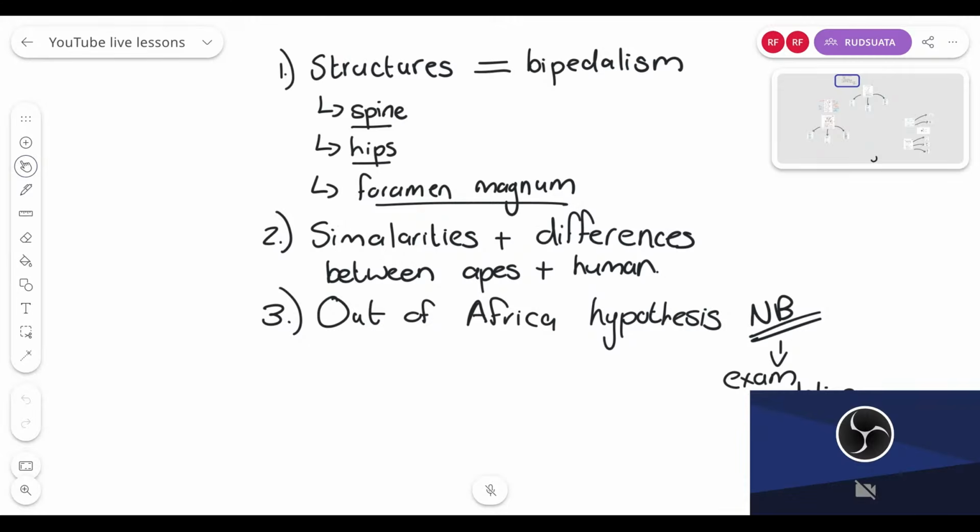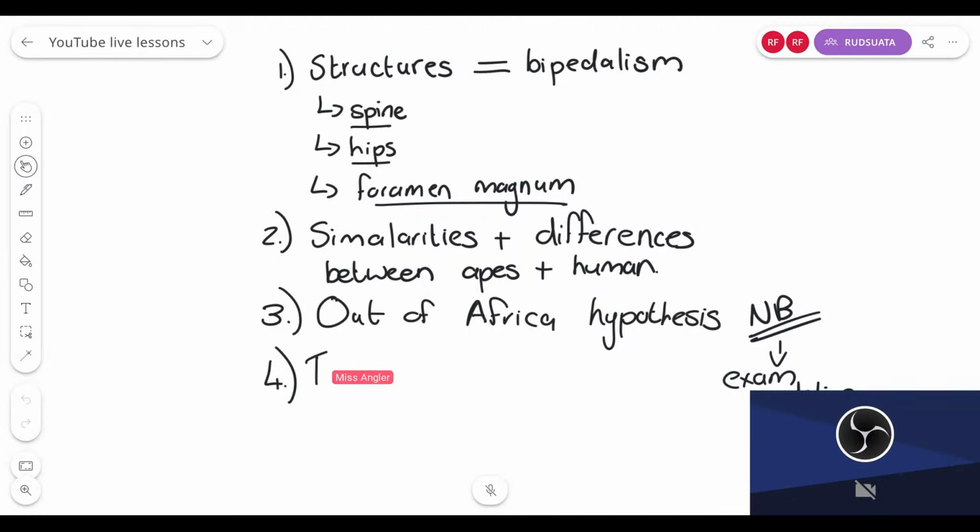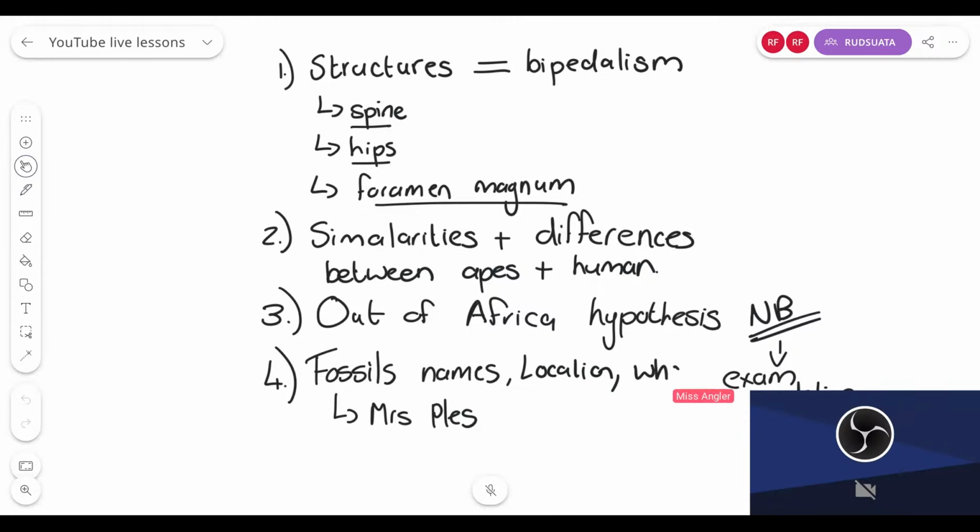And last but not least, I would know the fossil names. And when I mean fossil names, I mean, for example, Mrs. Ples, the Taung child. The names, the location they were found in, and who found them.